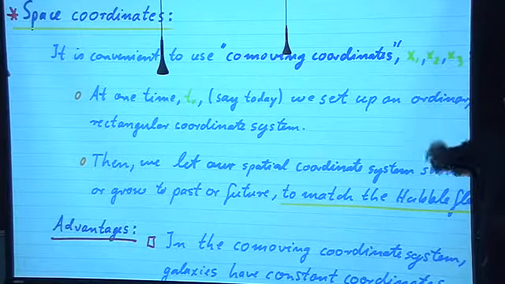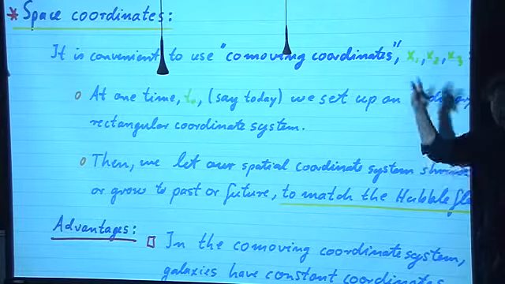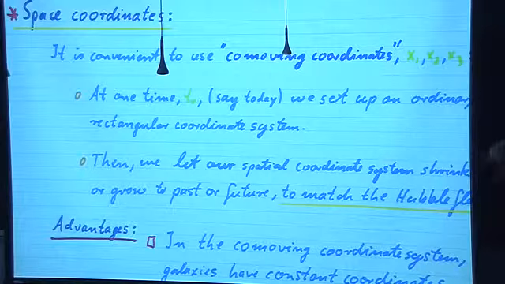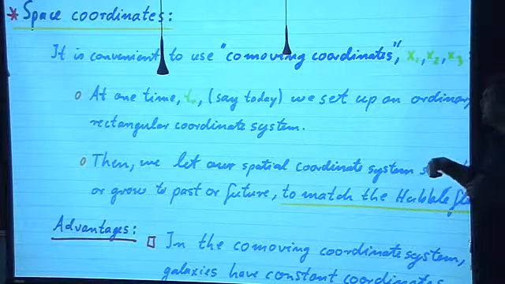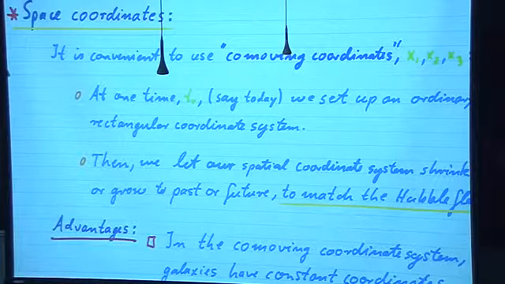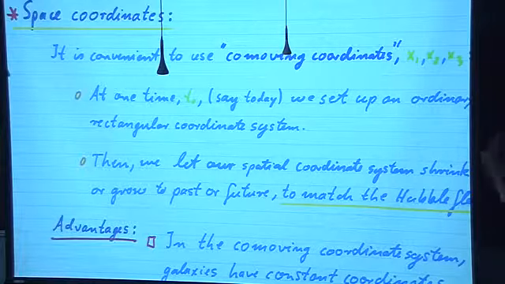Because it goes with the Hubble flow, but so does the coordinate system. So all galaxies are standing still with respect to the co-moving coordinate system, except that they might have peculiar velocity. But apart from that, they're just standing still there.